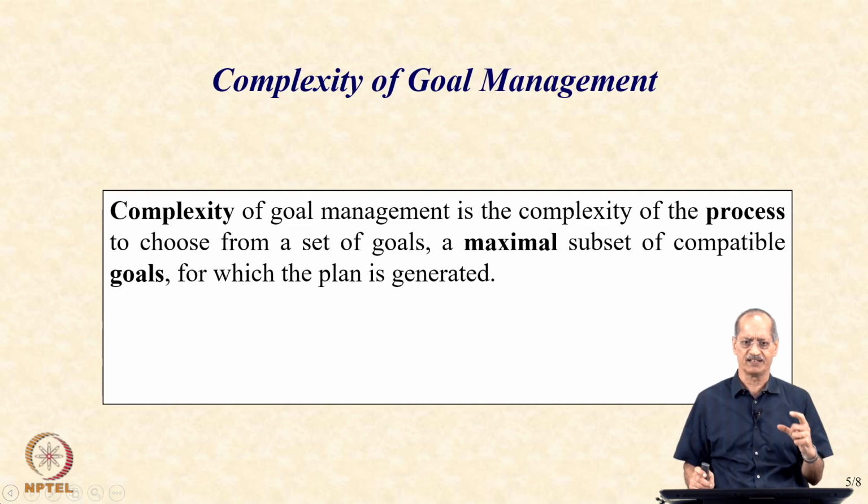We need to choose a subset which is going to be compatible with our plan and what our objective is, and for which we are going to have to generate a plan.